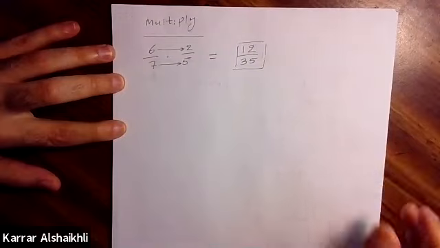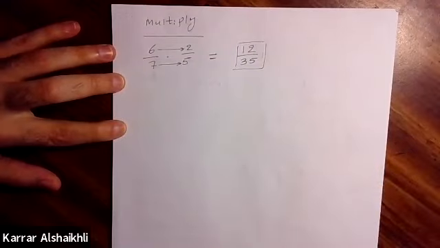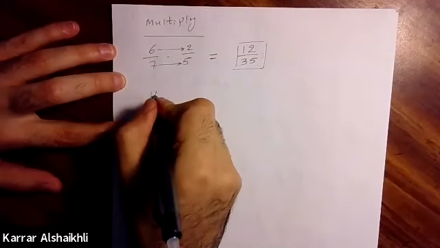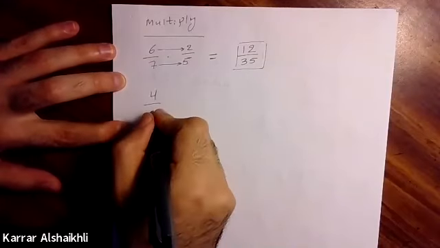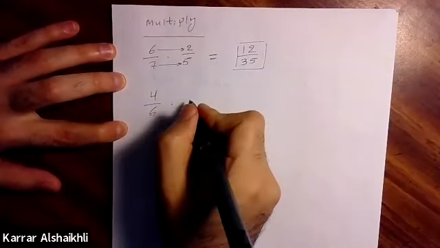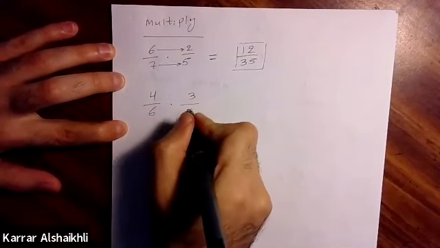Let's do another example. So always check if you can simplify your result. Let's do another example. 4 over 6 times 3/5.